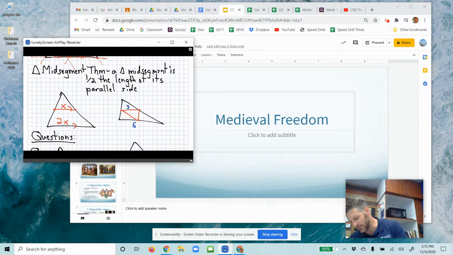I'm just making up numbers, but if this was 2, then this larger side out here would be 4. And if this here was 5, then this larger side out here would be 10. So the mid-segment is always going to be half or twice the length of the side that it's parallel to. That's going to allow you to find various sides based on these mid-segments, and because the lines are parallel, you're even going to be able to calculate angles. We'll be doing that in our questions now.